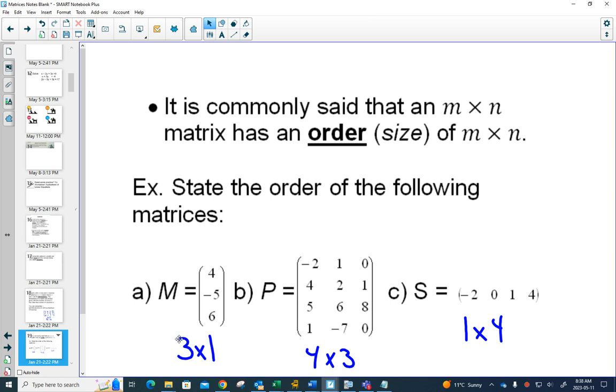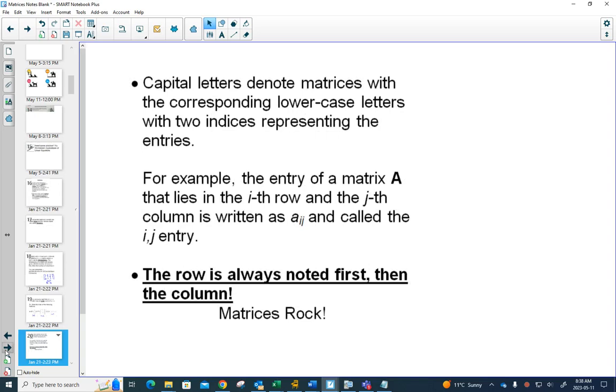We usually use capital letters when we're talking about a matrix. So this was matrix M, matrix P, and matrix S. And we use little letters when we talk about the element or the number inside. Okay?